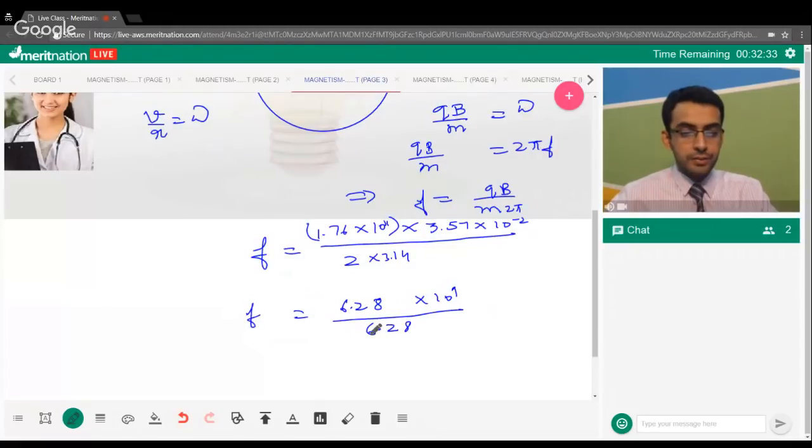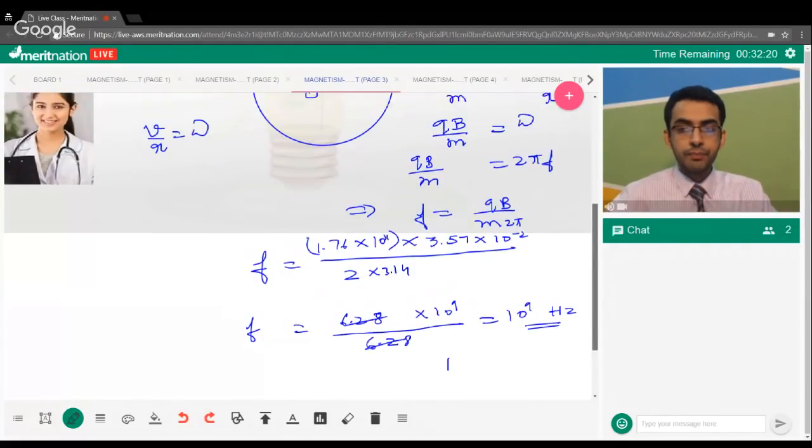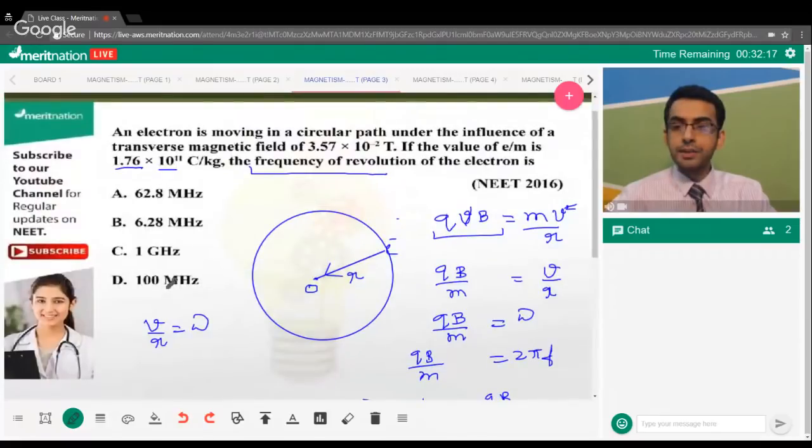So F is equal to 10 to the power of 9 hertz, or you can say 1 gigahertz. So C is the correct option.